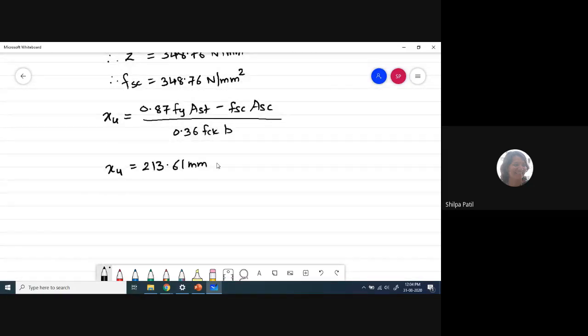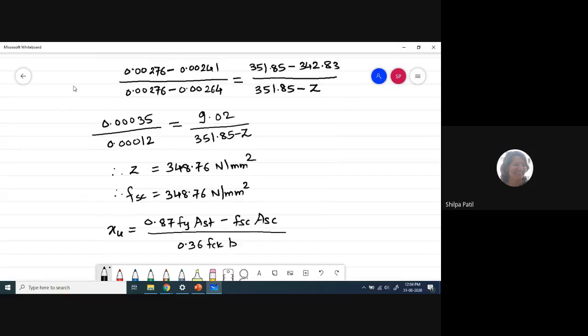So this value is greater than 163.20. It means our XU value will be equal to XU max here, that is 163.20.